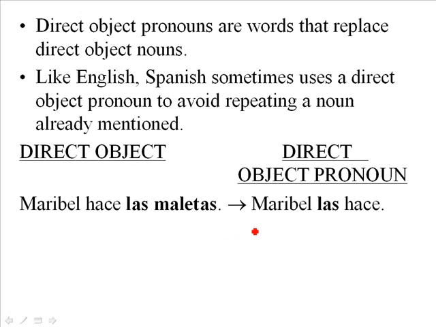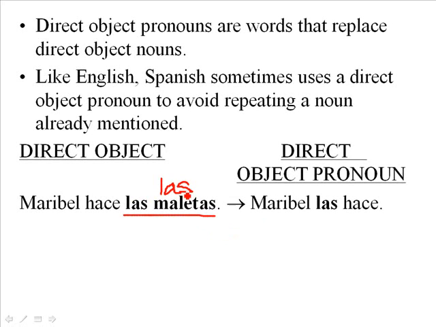In this case, Maribel hace las maletas. Las maletas, we could keep saying las maletas, las maletas, las maletas in the paragraph, or after we've mentioned las maletas, we can avoid repeating it by changing las maletas. We can see it's feminine plural, changing it to las. And here it's what they did. Maribel las hace.